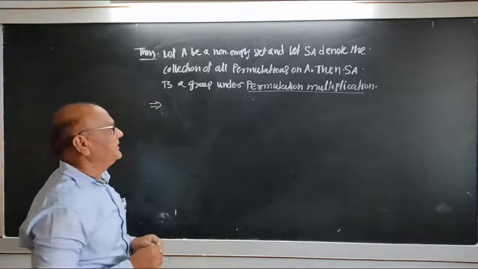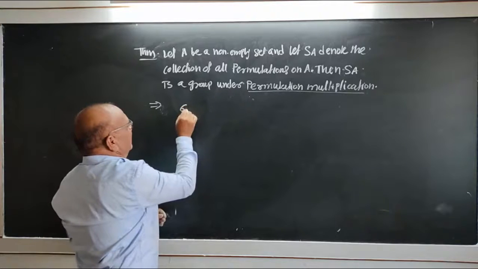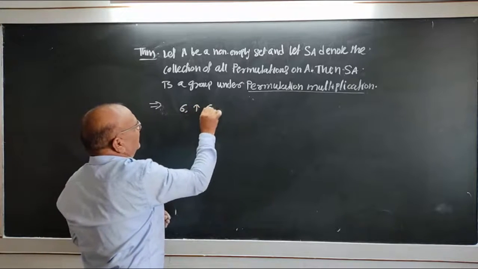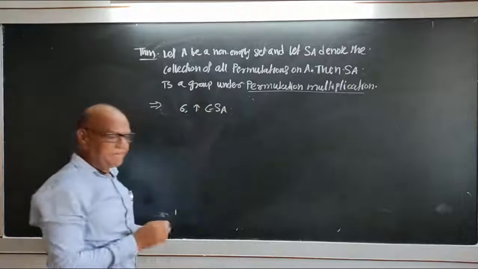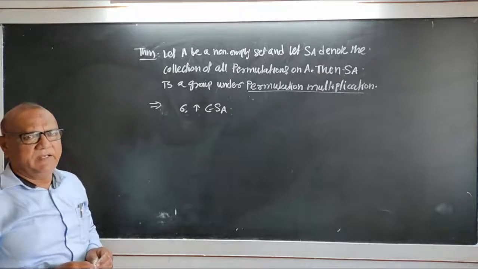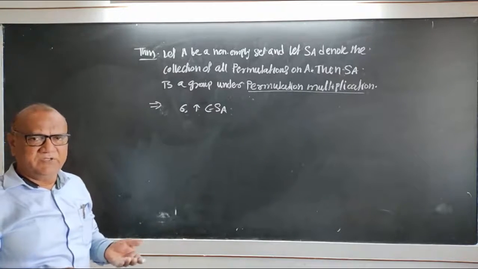See here, sigma and tau belong to SA. That means sigma is a permutation, tau is a permutation.